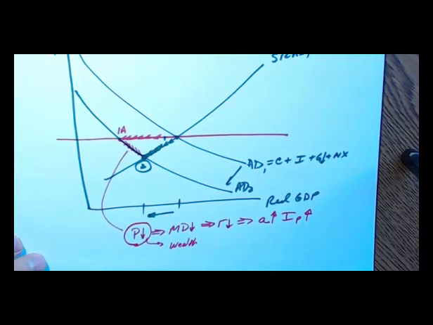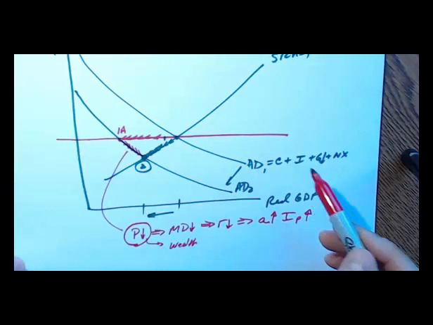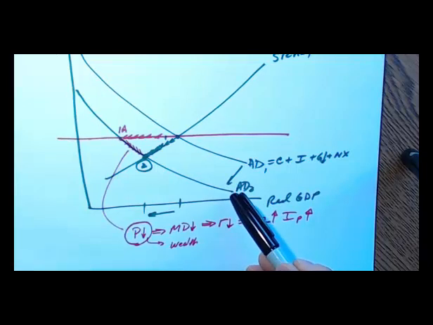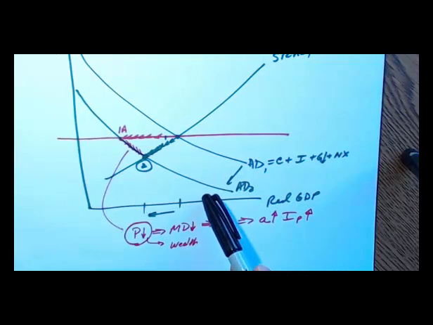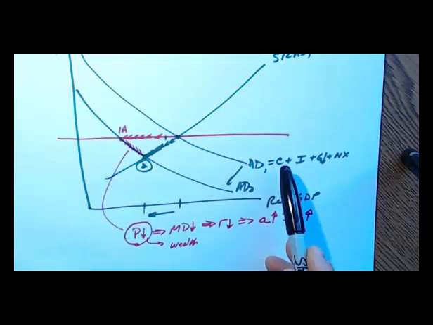Okay. So there we have it. We have two different ways of moving the aggregate demand curve. Positively, meaning a positive shock, an increase in government expenditures, or a decrease in government expenditures, what your textbook is calling a negative aggregate demand shock. A nice example of a negative aggregate demand shock is when we went into the Great Depression in the 1930s, when the stock market fell and investment fell off dramatically and consumption fell off dramatically.